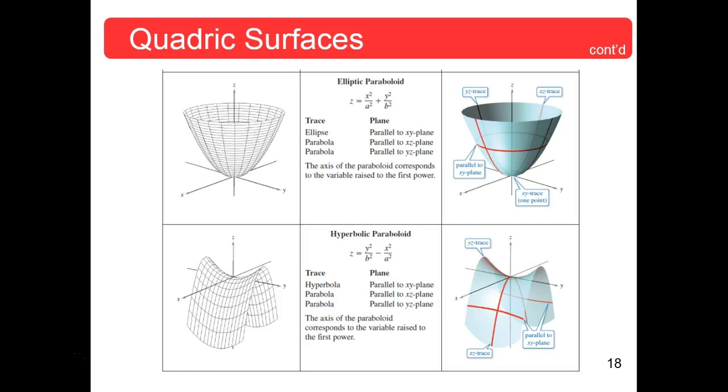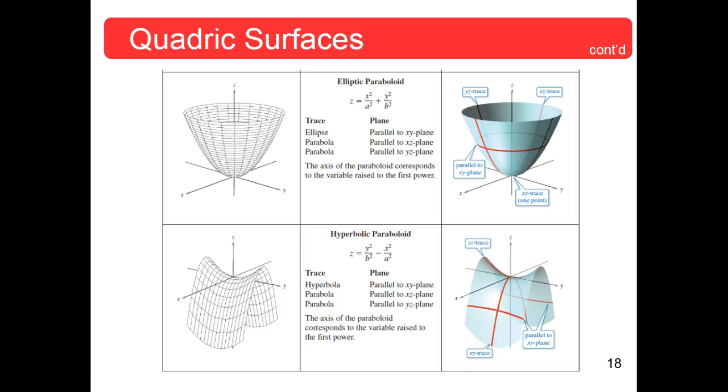If c is any positive number, you have ellipses everywhere, here, here, all these traces where z is any number other than 0. When z is 0, you have a point, 0, 0, 0. When z is negative, you have nothing, because it's positive on the right-hand side and negative on the left-hand side. It can't happen. So that's an elliptic paraboloid: ellipses this way, parabolas every other way.